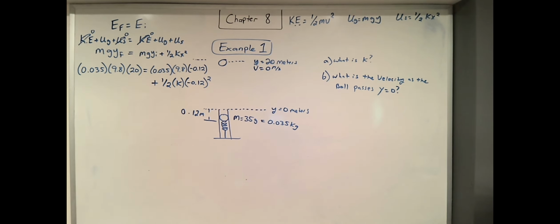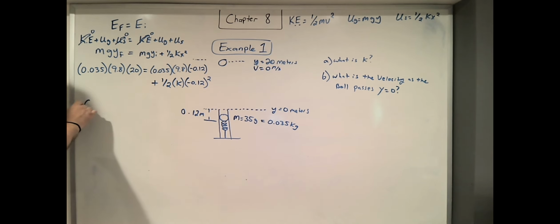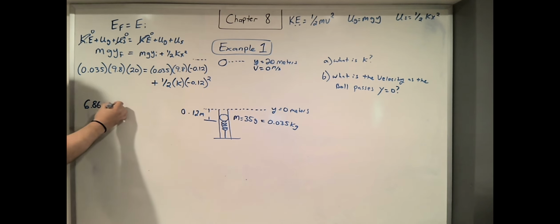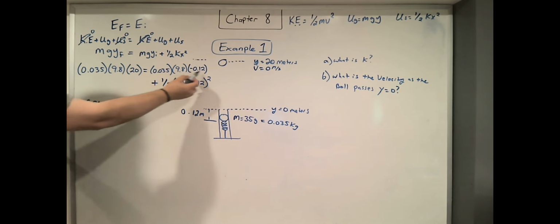The 0.035 times 9.8 times 20 gives us a 6.86. That's going to be equal to 0.035 times 9.8 times a negative 0.12. So this will give us a negative 0.04 for the second part, right?